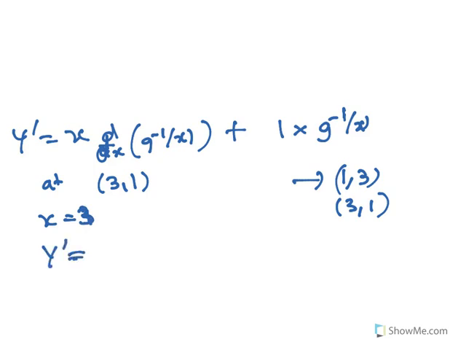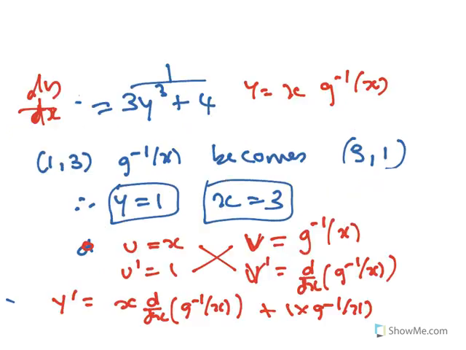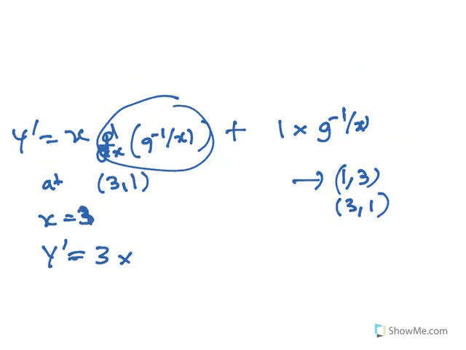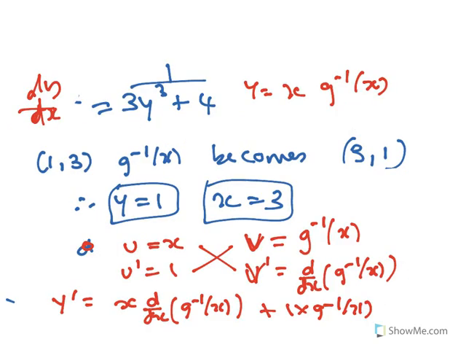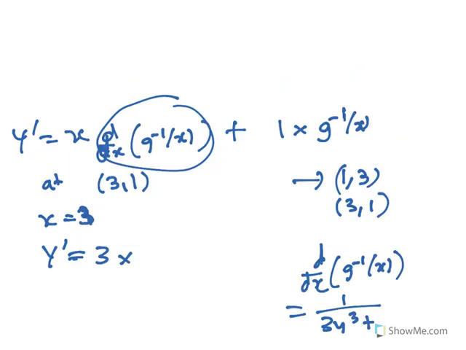So when x equals 3, y dash is going to be 3 times the derivative of g to the minus 1 of x, which, if you go back, is 1 over 3y squared plus 4.